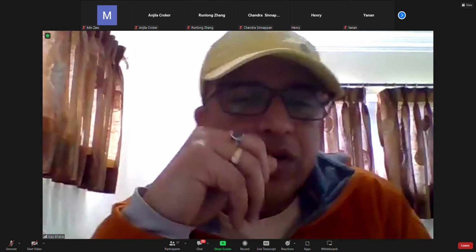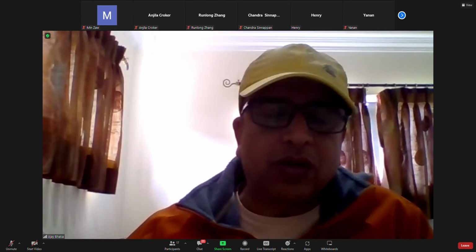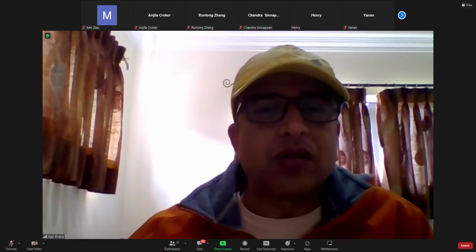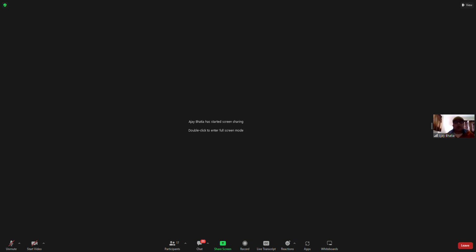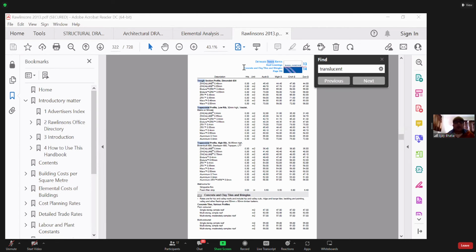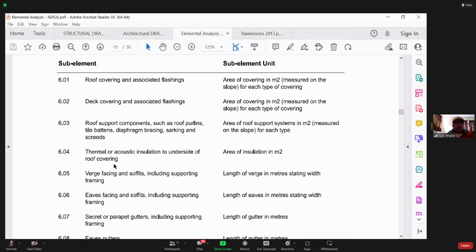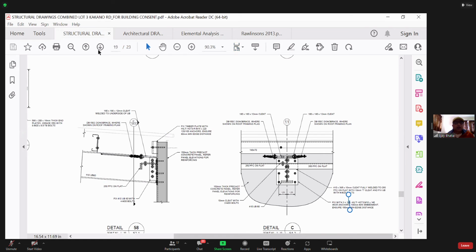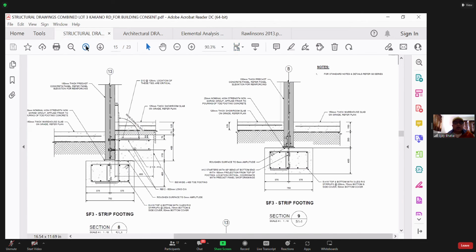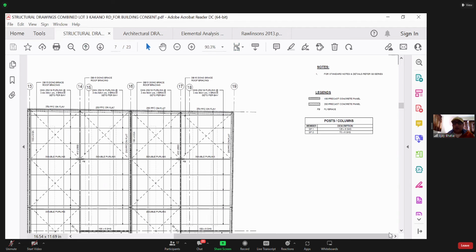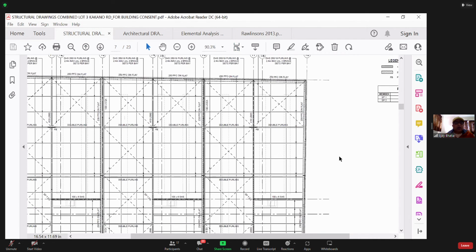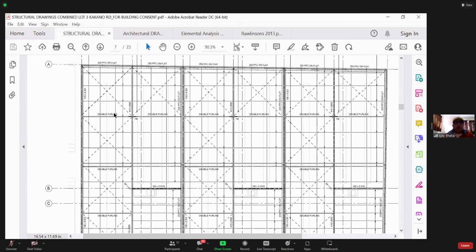So all you need to do, let me just share the elemental analysis. Your bracings are all measured in square meter, isn't it? Yes. So all you need to do is go into your structural drawing and measure all this area.